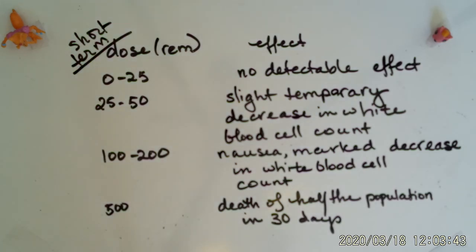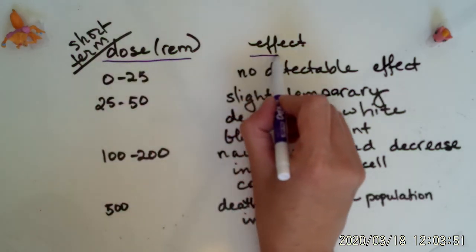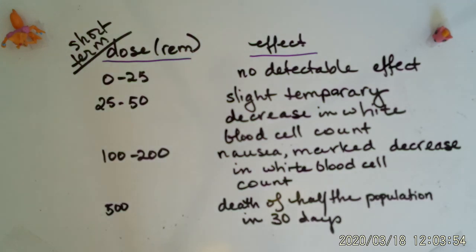So the bottom line is that long-term, when you're constantly exposed, your dosages may not necessarily be as high. You might have long-term, lower exposure, so you can see this marked decrease in white blood cell count. So what's happening here? When you're affected by radiation at these dosages, you're going to notice the effects on your more rapidly dividing cells first, because remember, we're talking about primarily ionizing radiation.